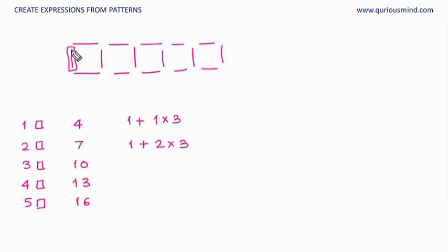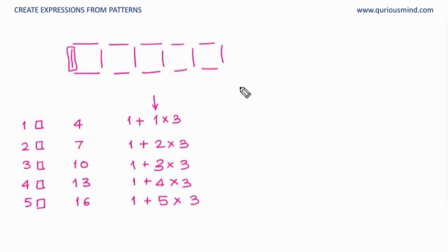For 3, again I am keeping this one aside, and I need 1, 2, 3, 1, 2, 3, 1, 2, 3. So the one which is kept aside plus 3 into 3. Same way, 1 which is kept aside plus 4 into 3. 1 plus 5 into 3. And this number represents the number of squares I make.